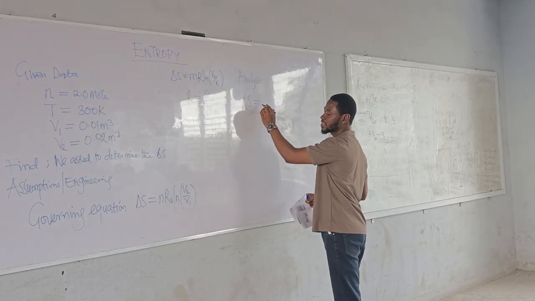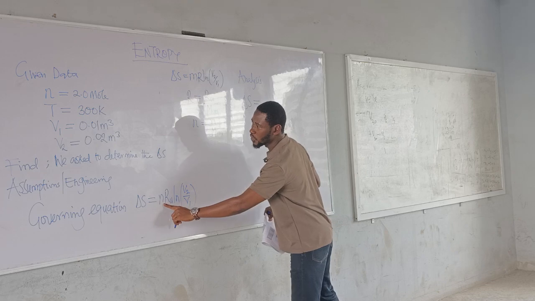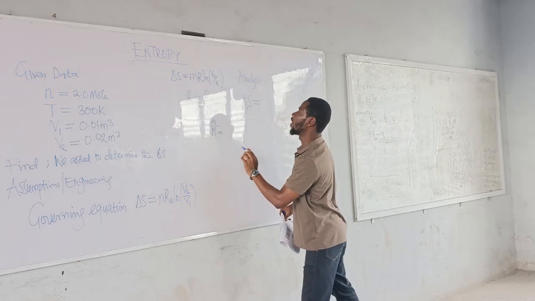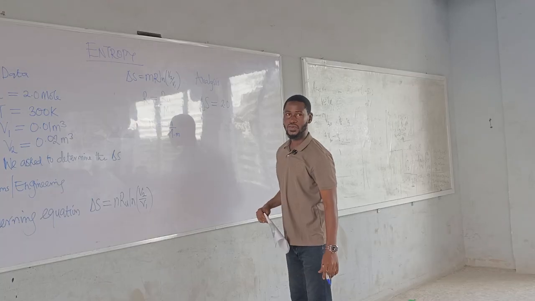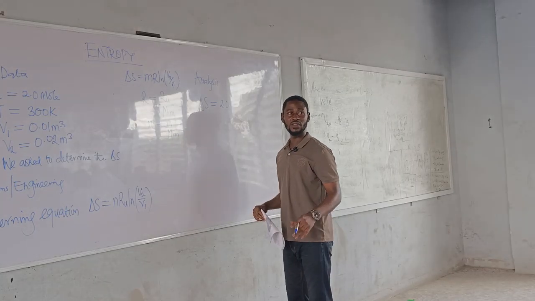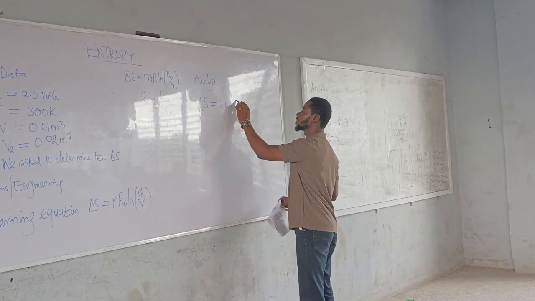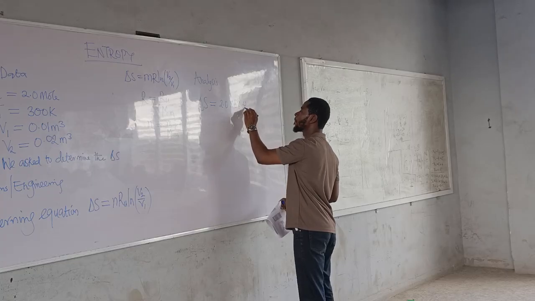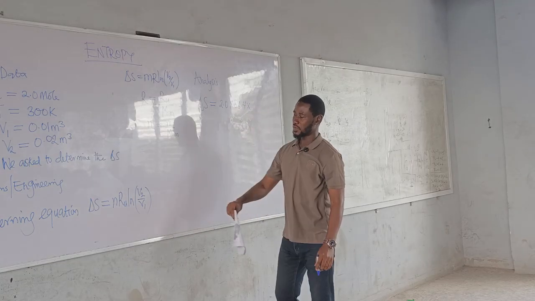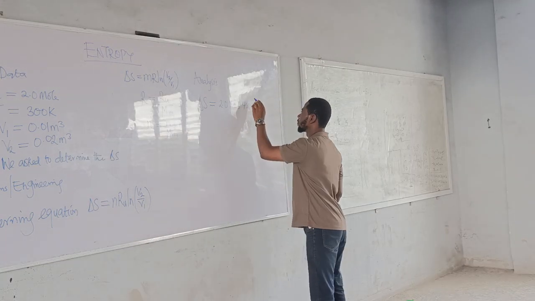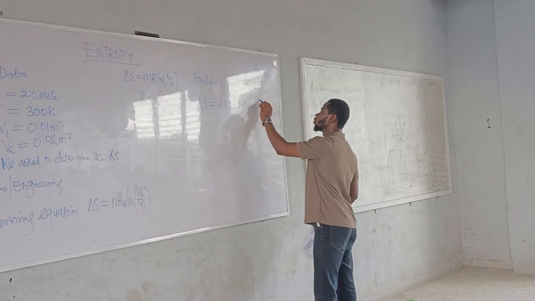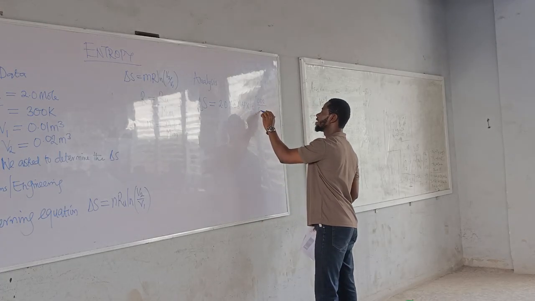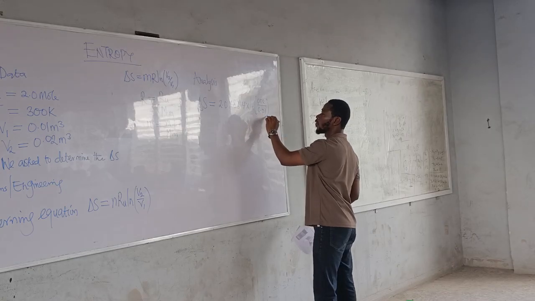Therefore, change in S becomes: the number of moles is given as 2.0, multiplied by the universal gas constant, which is 8.314, multiplied by ln of V2, which is 0.02, divided by 0.01.